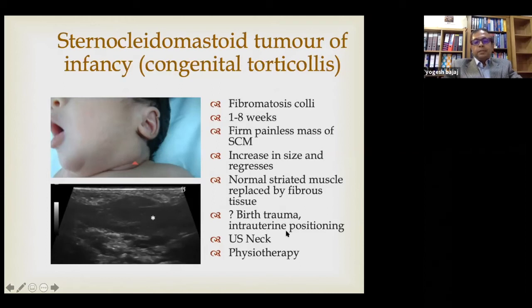So yes, you give them a clinical diagnosis and reassure the parents that this is going to ultimately go away. Yes, get the diagnosis confirmed by an ultrasound scan of the neck, and yes, certainly send them for some physiotherapy of the neck. Otherwise, with the scarring, they'll end up with long-term torticollis.